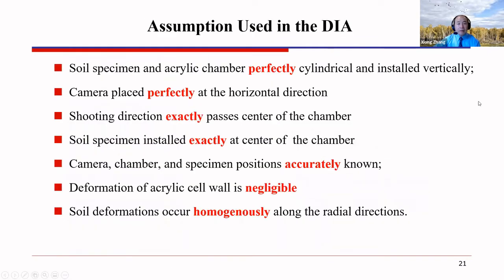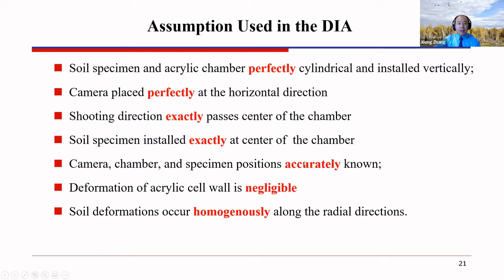So the limitation for this method is it has a lot of assumptions. For example, the soil specimen and the acrylic cell have to be perfectly cylindrical and installed vertically. The camera has to be placed perfectly in the horizontal direction. The shooting direction has to pass exactly through the center of the chamber. The soil specimen has to be installed exactly at the center of the chamber.